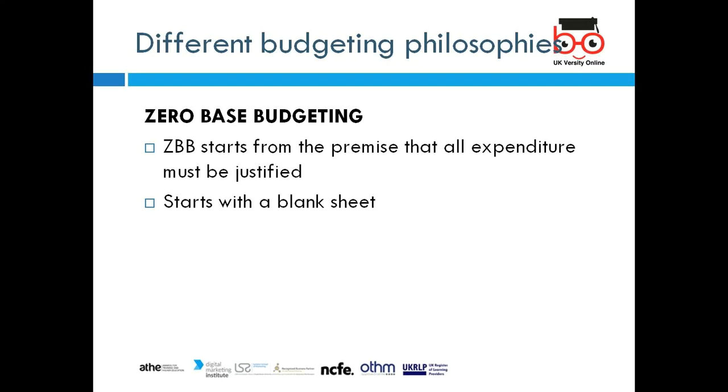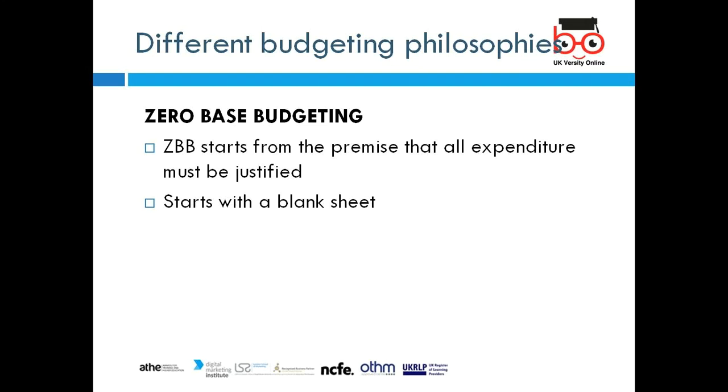Next we're looking at zero-based budgeting, which is also a budgeting method under LO3. Zero-based budgeting starts from the premise that all expenditure must be justified, starting with a blank sheet. Start with zero. You don't know anything, you re-estimate and make your budget.